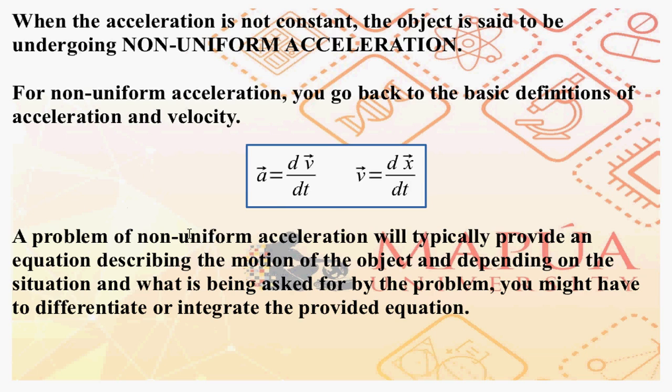One indication that you have a non-uniform acceleration problem is that the problem will provide you with an equation describing the motion of the object. And depending on the problem, you might have to differentiate or integrate the equation provided, as you will see in the following example.